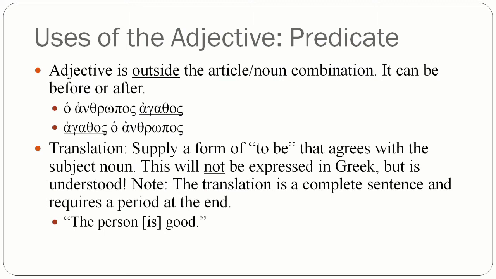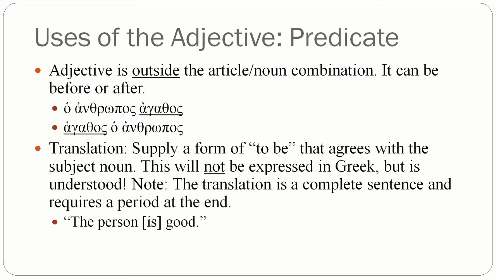When an adjective agrees with the head noun and any definite article in case, gender, and number, but it is sitting outside of that article-noun combination, whether it is sitting out there before the article and noun or after the article and noun does not make any difference, just as long as it's outside of the article-noun combination.